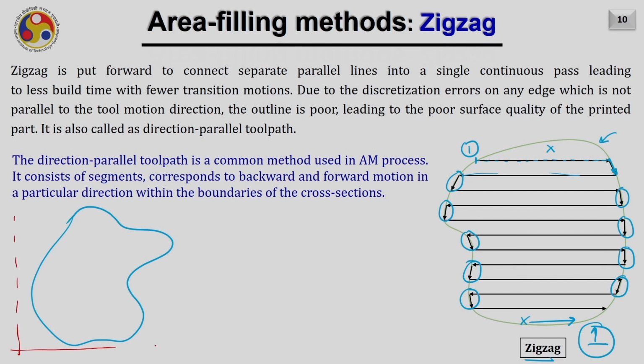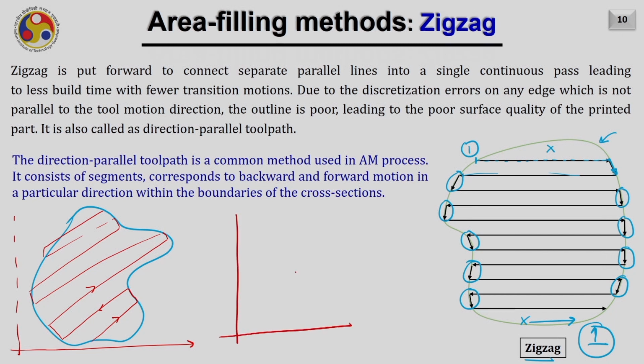So for example, this is the x axis and we are going to scan at 45 degrees. So the tool path will look something like this. Now you can see the tool path is at 45 degrees. Now the next layer can be deposited at another angle, maybe 90 degrees from the x axis, hence the tool path will be something like this.